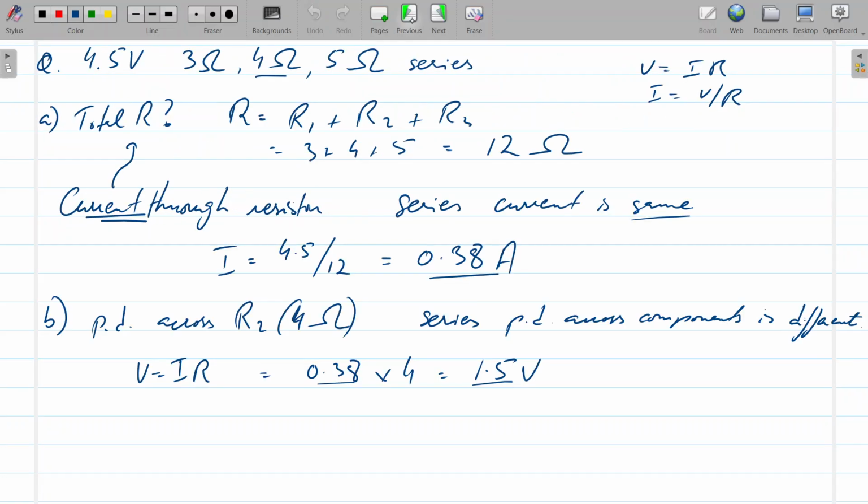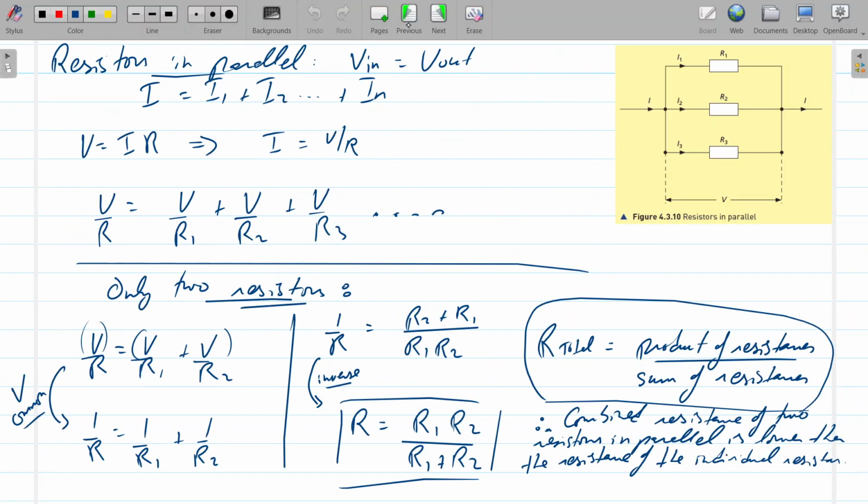If you go back and take a look at the formula, we have 1 over R equals 1 over R1 plus 1 over R2, or R total is the product of resistances over the sum of resistances.